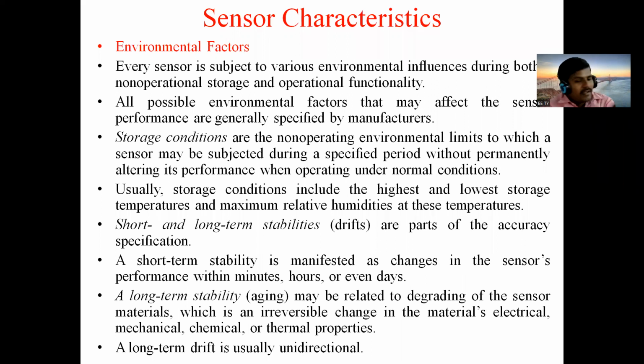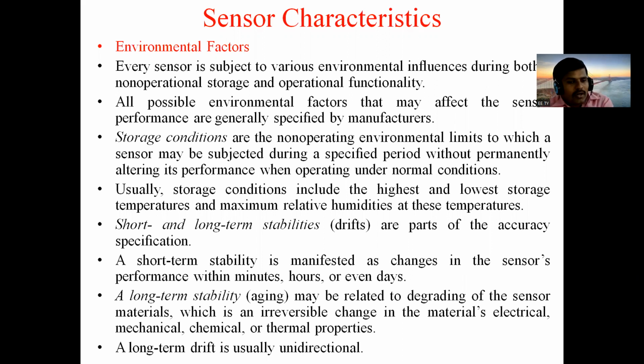Long time stability is nothing but aging, right? As I have told, age may be related to degrading of the sensor material. So for a long time, if it is in operating condition, there is some degradation of the material used for sensor manufacture. Due to degradation of that material, it will lose its stability, or it will not give stable operation.